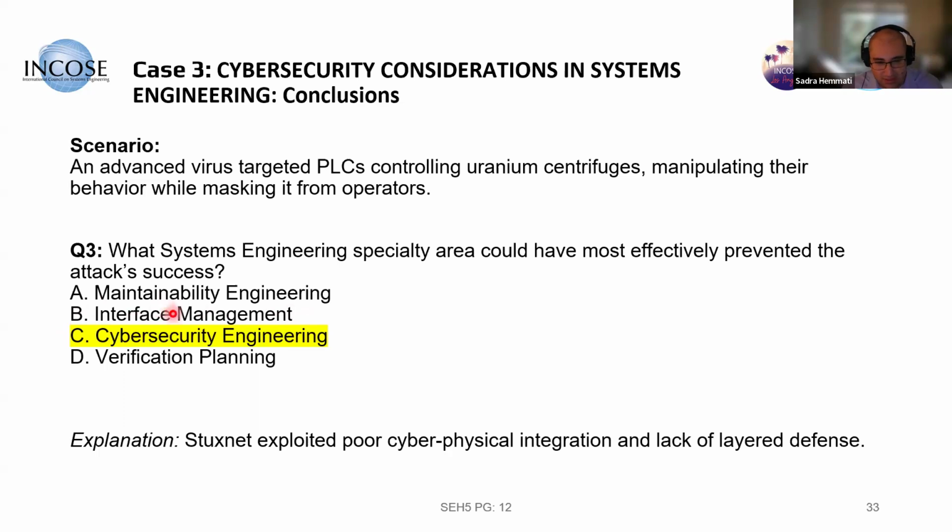It's not just about the cybersecurity problems. When we talk about the specialty area, it should be really directed towards the problem, cybersecurity engineering, but yes, there should be involvement from interface management as well. So to some extent that makes sense.